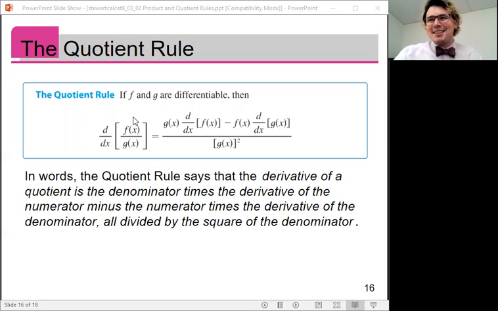So the trick is that I know my numerator has to be the function high of x because it's on top, it's high. And I know that I've remembered the formula correctly because my little rhyme there actually rhymes.